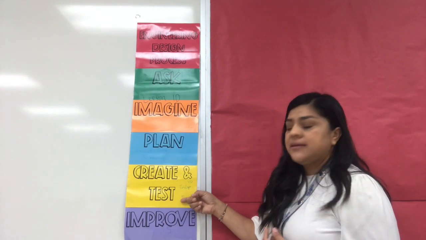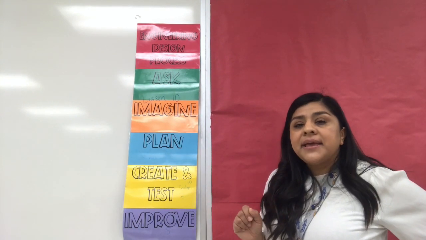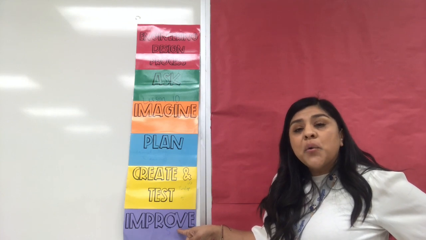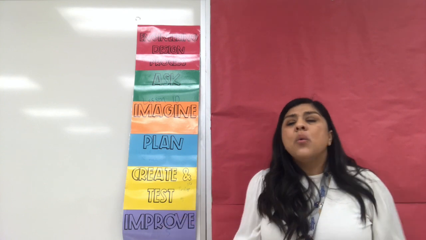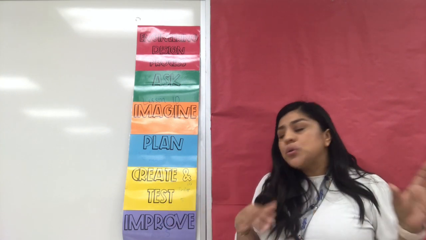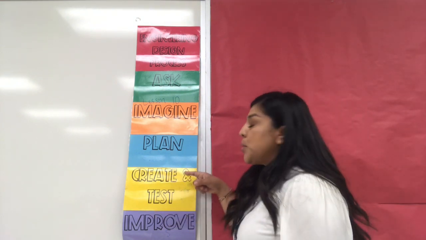After they test, they might realize, you know what? I think I can make it better. So then they decide they're going to improve. How are they going to make things better? What went wrong? What went right? So they go through all those questions and then after the improve, they go back to create.